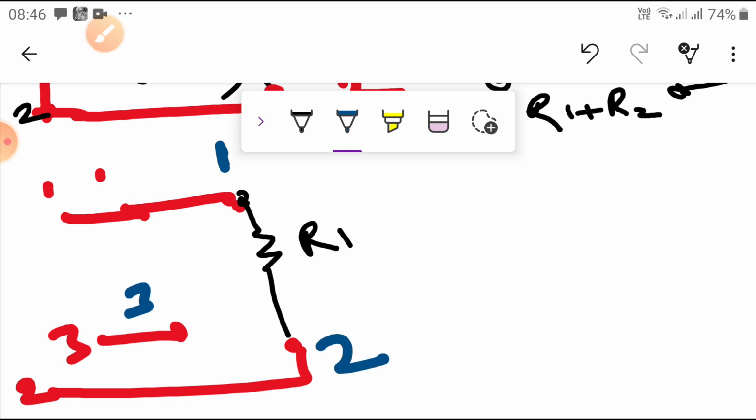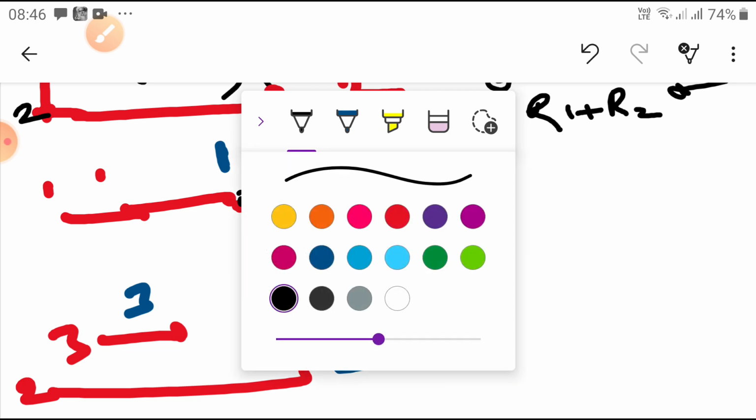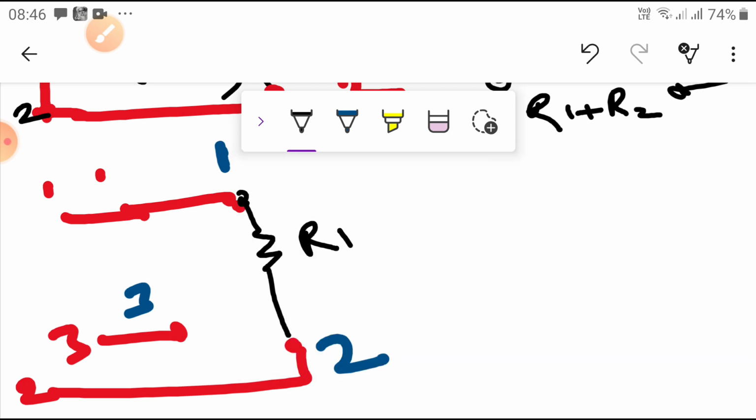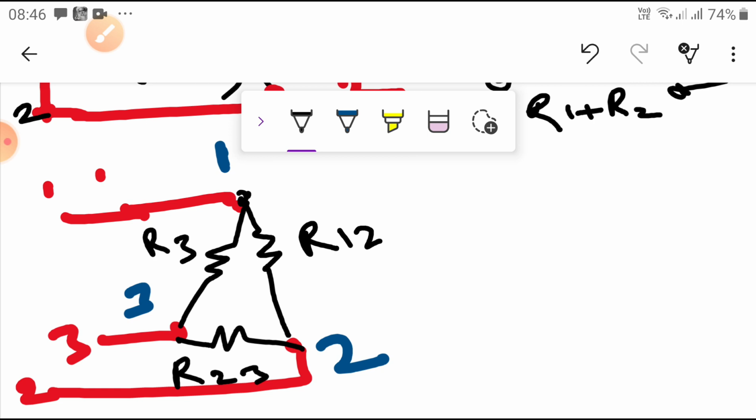In between, we are going to connect a resistance between 1 and 2, so that is R12 equivalent. Now we connect another resistance between these two, that becomes R23. In between we connect another resistance, R31.